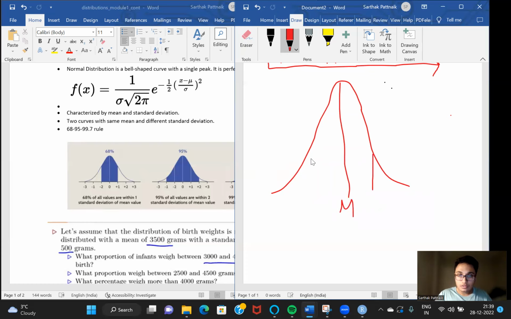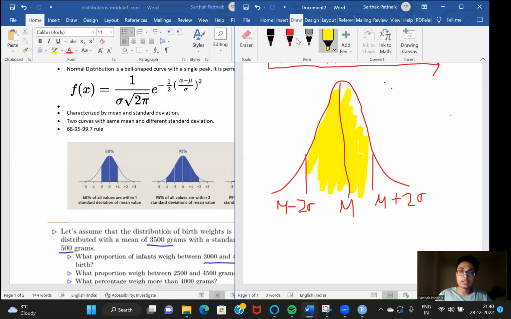And if you go a little further, and this time you go two standard deviations from the central value, now this area, if my complete area is 100%, this right here is 95%.